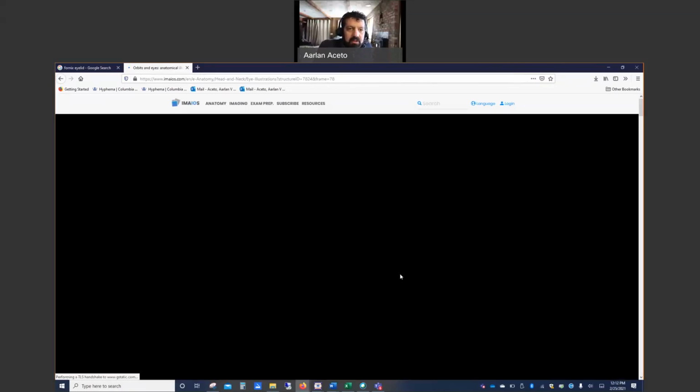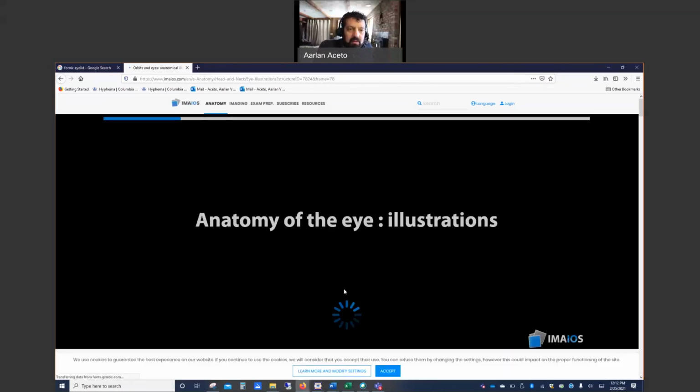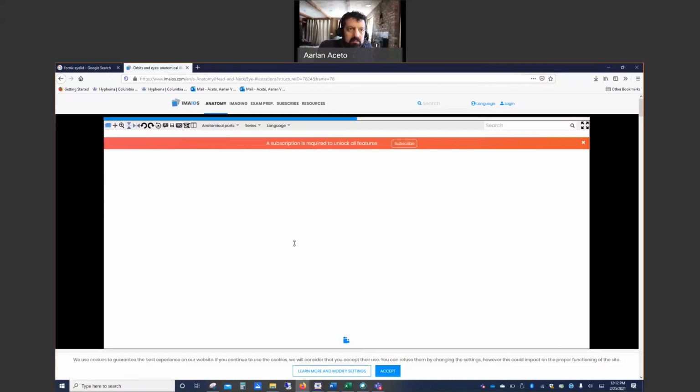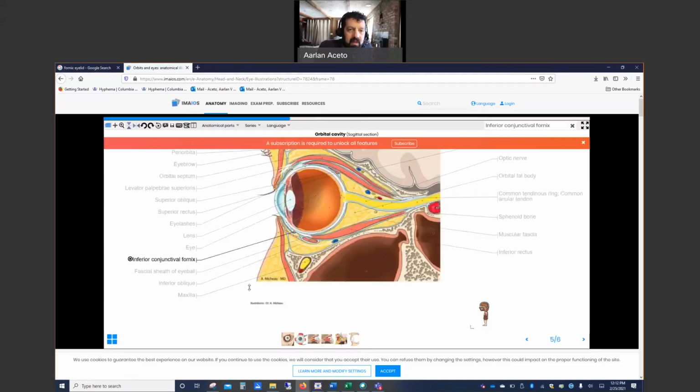There we go. I'm going to get a better video right there. This is the inside of the eyelid. This is the bulbar conjunctiva, and when they meet right here, that's called the fornix.